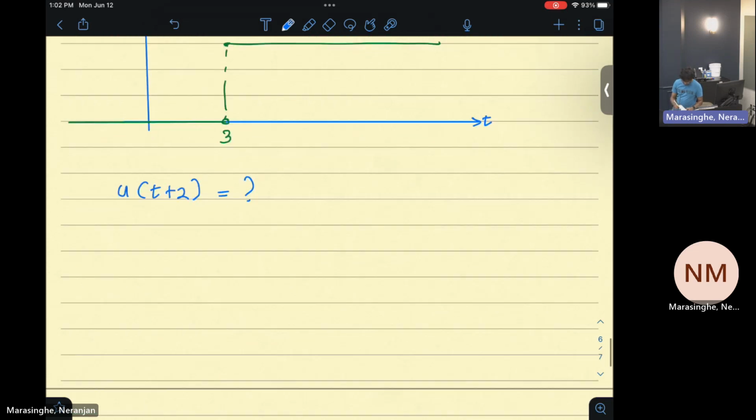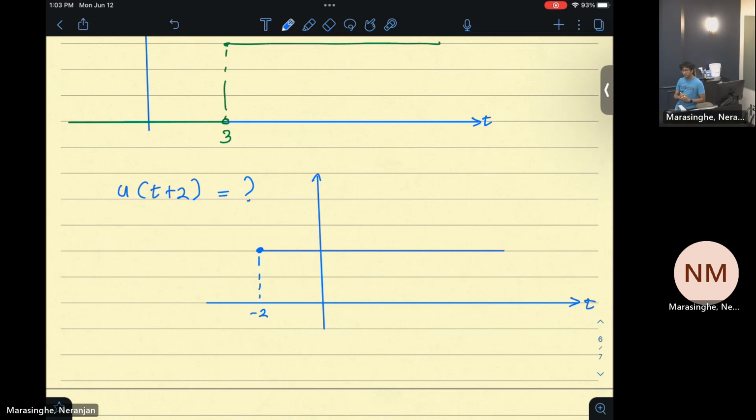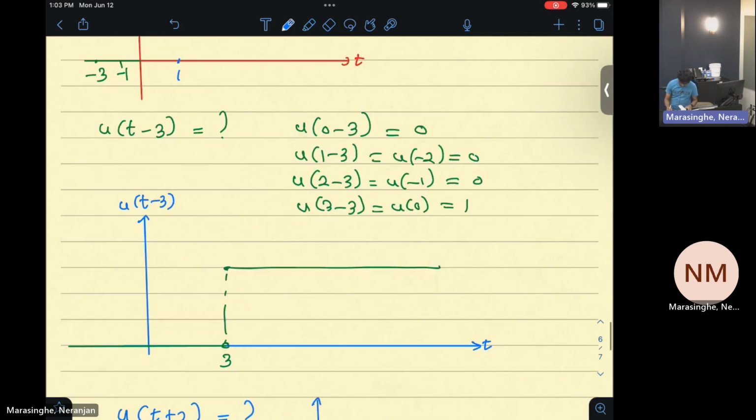So u(t plus 2) would look like this. You are going to take the jump at minus 2. Now we can move back into our problem. My problem was to sketch u(t minus 3), right?